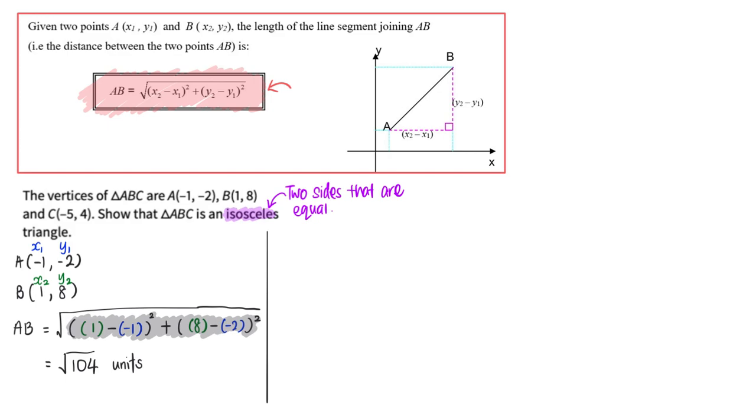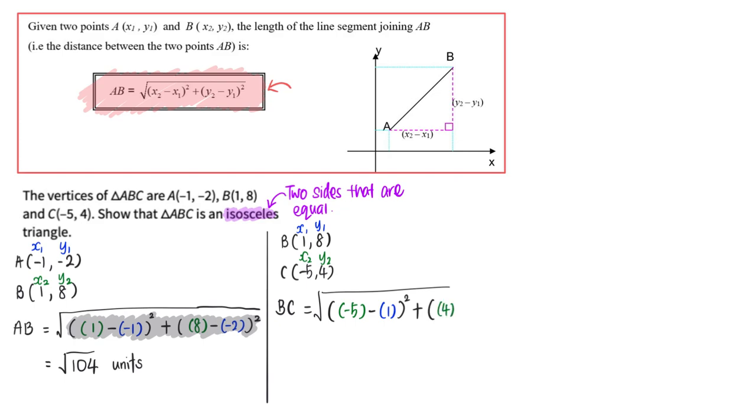So the next length I'm going to do will be point B and my point C. My point C would be -5, 4, so that again I know this is my x1, y1, x2, y2, so my length BC will be equal to the square root of -5 minus 1, square, plus 4 minus 8, bracket square.